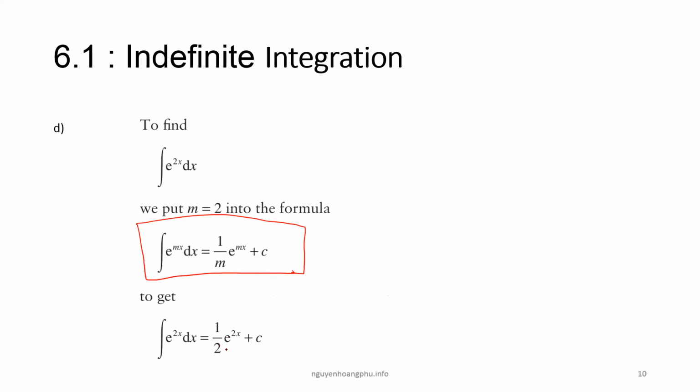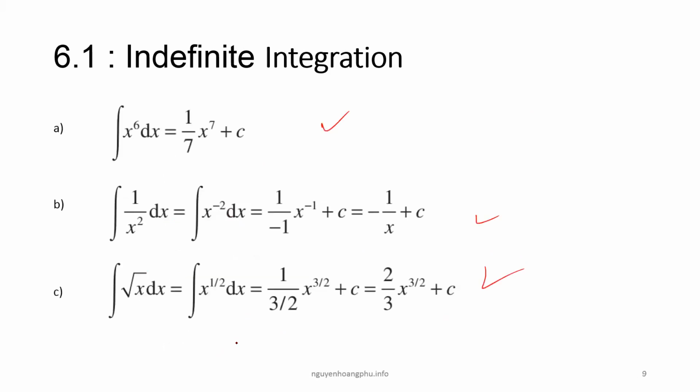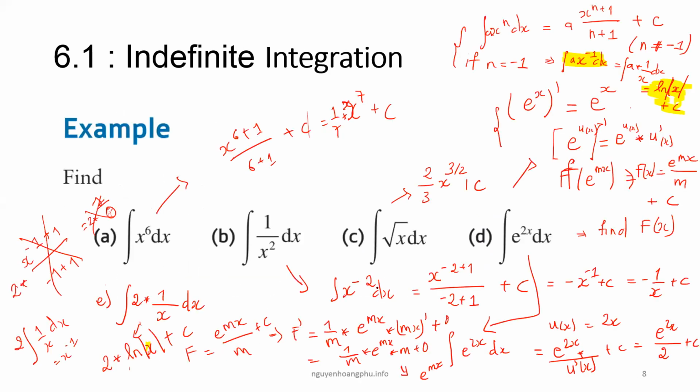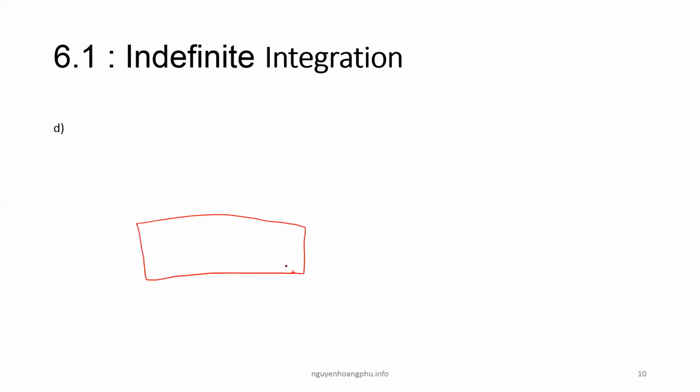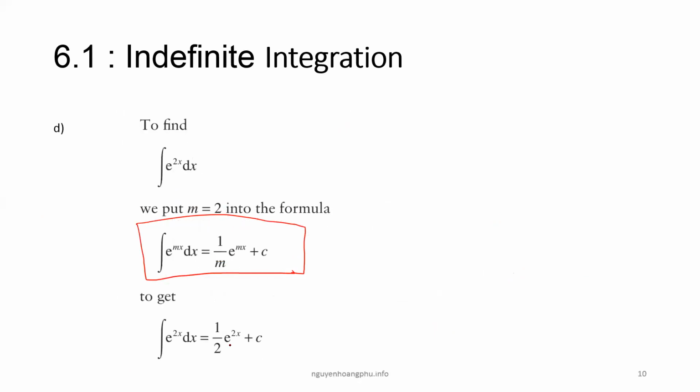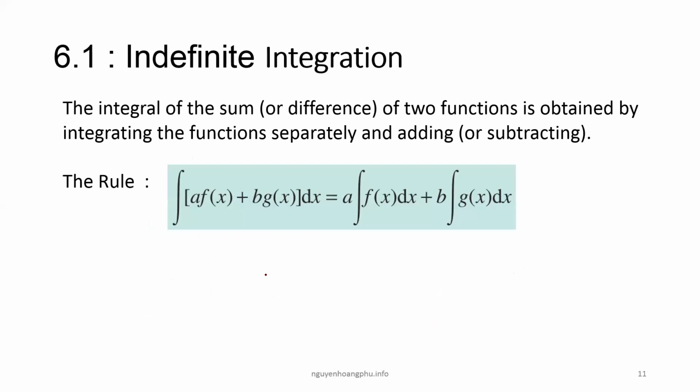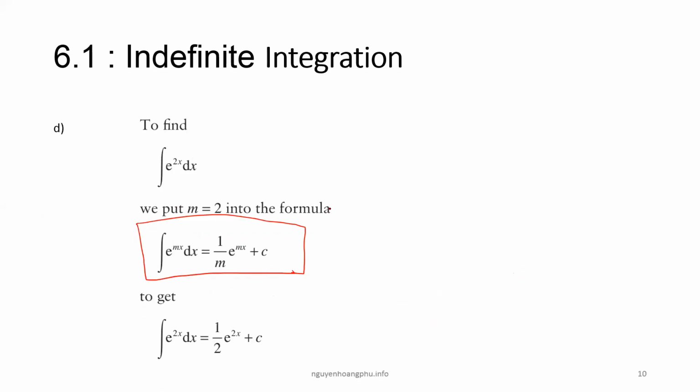So here will be the case: e^(2x) divided by 2 plus c. Right? e^(2x) divided by 2 plus c. And the last one I gave you guys was the logarithm.